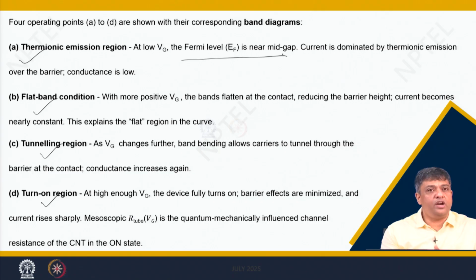If you go to the turn on region, that means you go to very high values of Vg, the device is fully on, the barrier effects are minimized and the current rises sharply. So, you have different regions in which different phenomena dominate, and hence you get different curves A, B, C and D points.